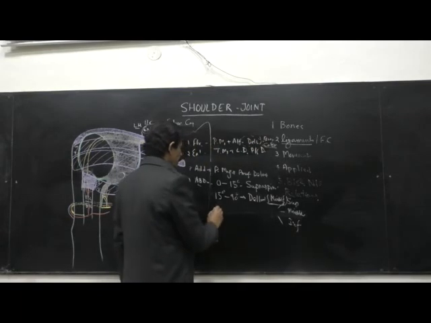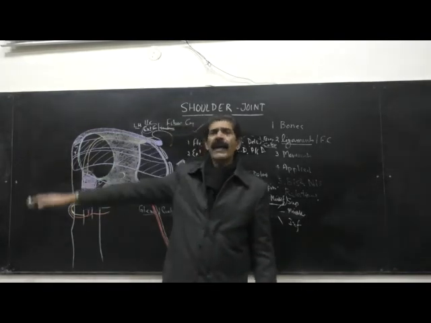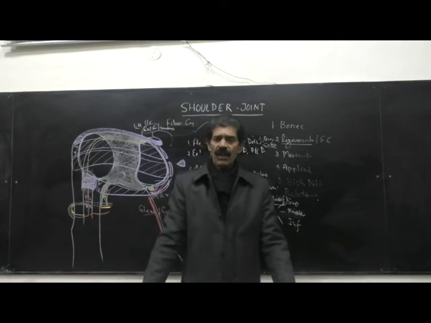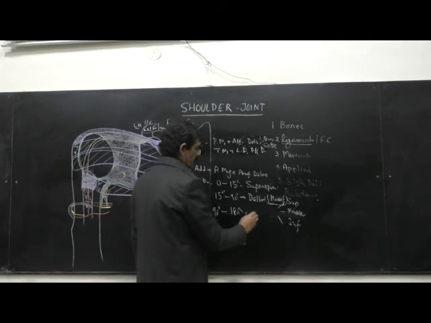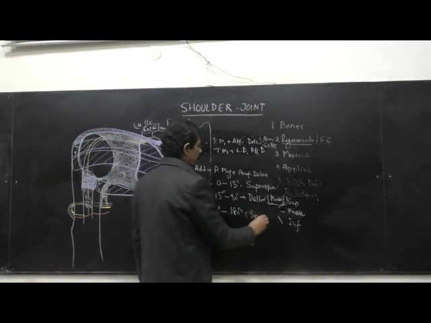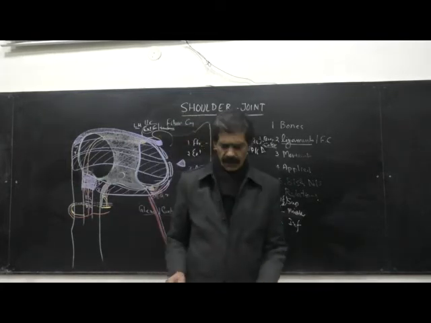Then from 90 degrees to 180 degrees, the overhead abduction of the shoulder joint, is done by various muscles: one is the serratus anterior, then the trapezius. So that is called the overhead abduction.